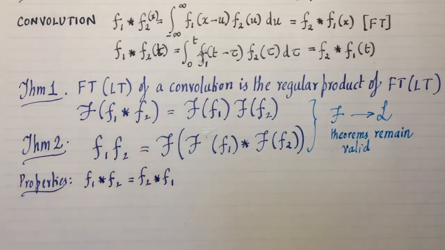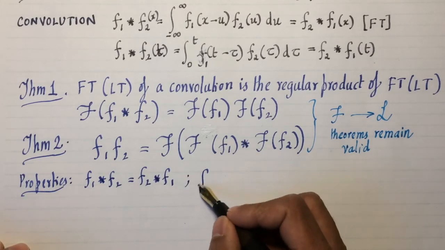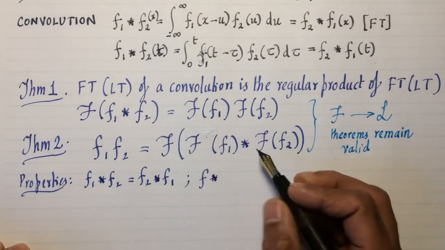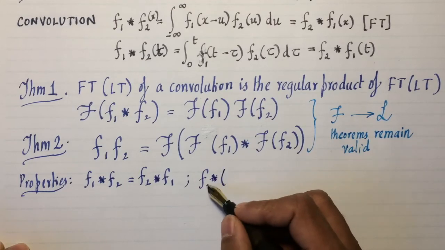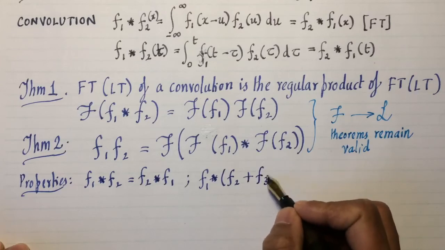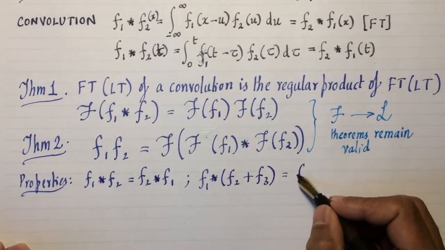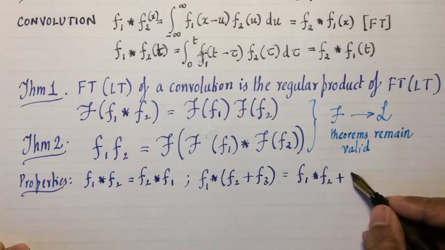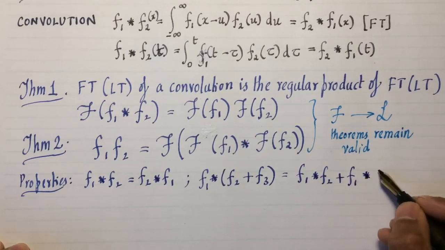So the property of this we've already seen. Then there's a distributive property. If you take the function f1 and two other functions f2 and f3, then that's going to be f1 convolution with f2 plus f1 convolution with f3.